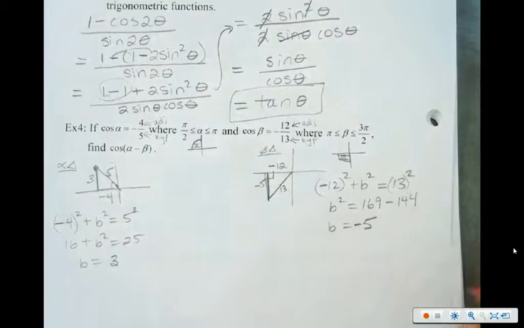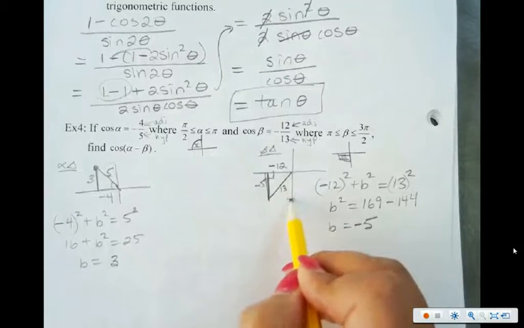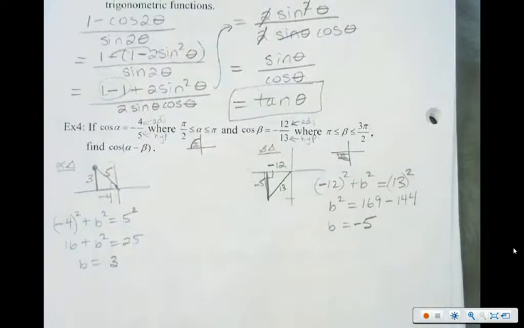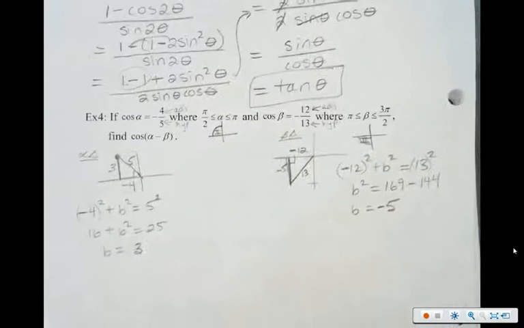Why is it negative? Because I'm in quadrant 3 and I'm going down 5 units on my y-axis. Okay? So there's so many different ways that you could look at it, but as long as you get to the same place, that's what's good.